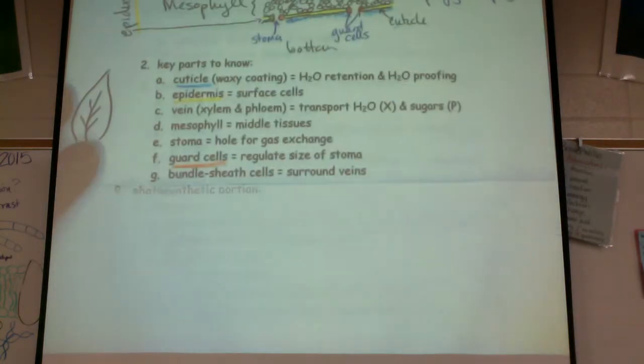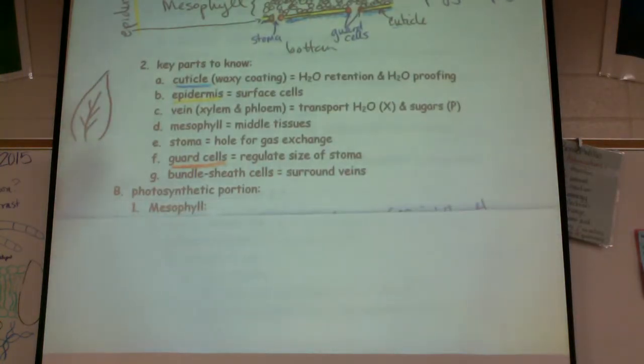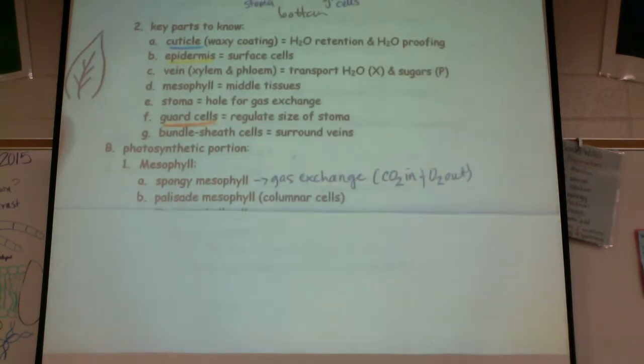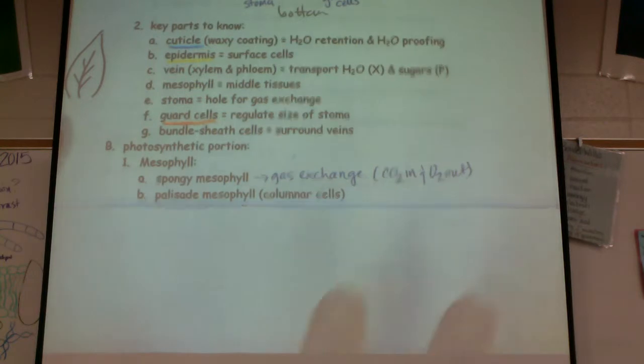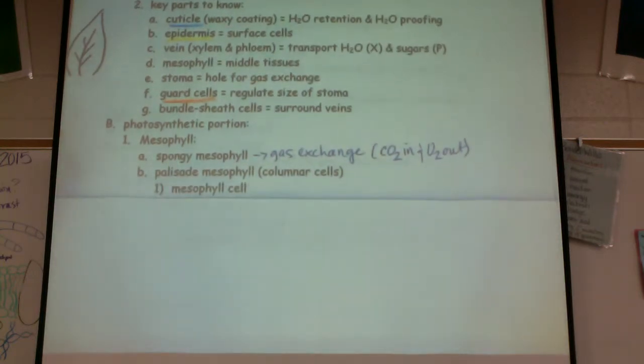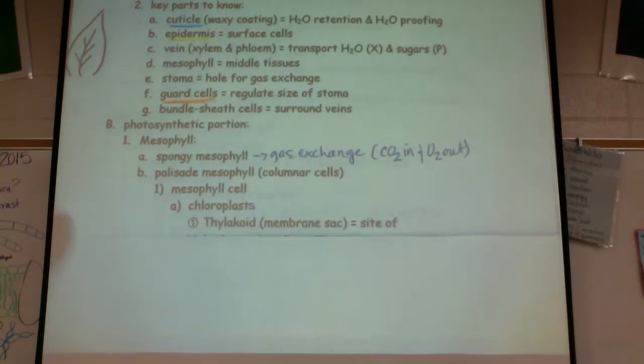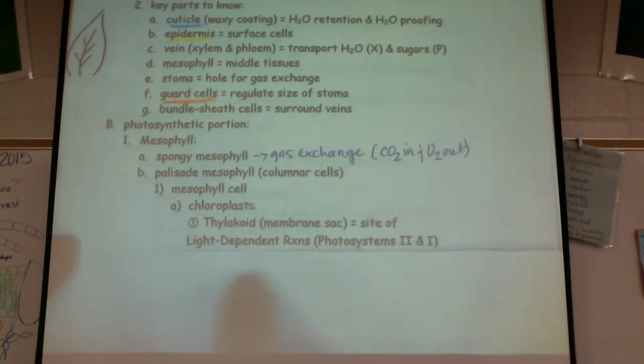Okay, so let's look at the photosynthetic portion of that, and that is the mesophyll. So the mesophyll has, for the gas exchange, that's spongy. It has the palisade or columnar cells, which is where you've got these mesophyll cells that have chloroplasts in them, and those chloroplasts have a thylakoid membrane, so you've got a membranous sac, which is where the actual light-dependent reaction happens.